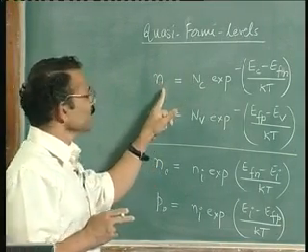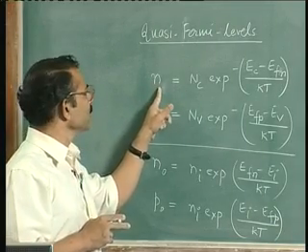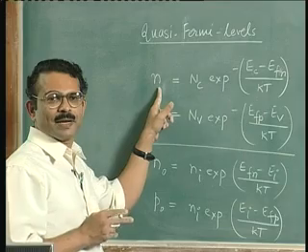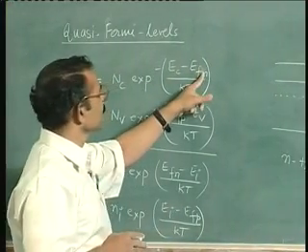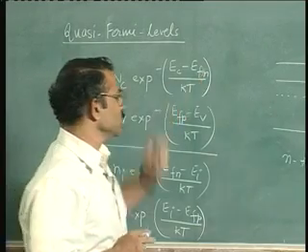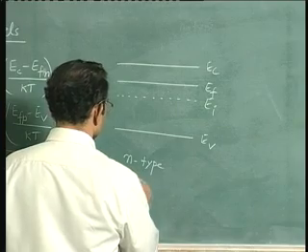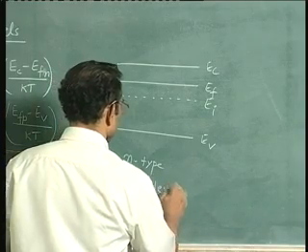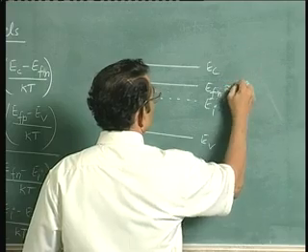Under low injection level, the concentration of majority carriers, that is electrons, will not change significantly. It remains equal to the equilibrium value. Therefore the quasi-Fermi level for electrons remains equal to the equilibrium Fermi level. So if you take low injection level, your EFn is equal to EF.